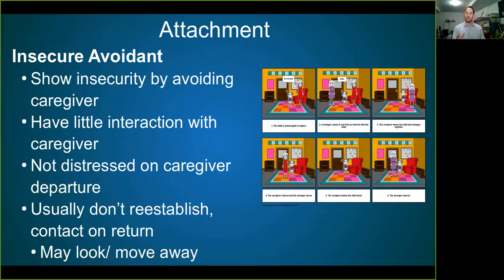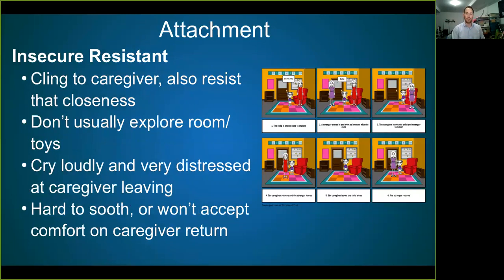And you might imagine something in their home life that leads them to think that they can't be securely attached to this caregiver. So insecure resistant is similar. It's also insecure, but they're trying to cling to the caregiver, but they also might want to resist that closeness. So when they come in, they might not want to go explore toys at all. They might want to stay close, but then if they are playing, they might then resist the caregiver coming over to them. They often don't explore the toys in the room, and they'll cry really, really loudly and be very distressed at the caregiver leaving.